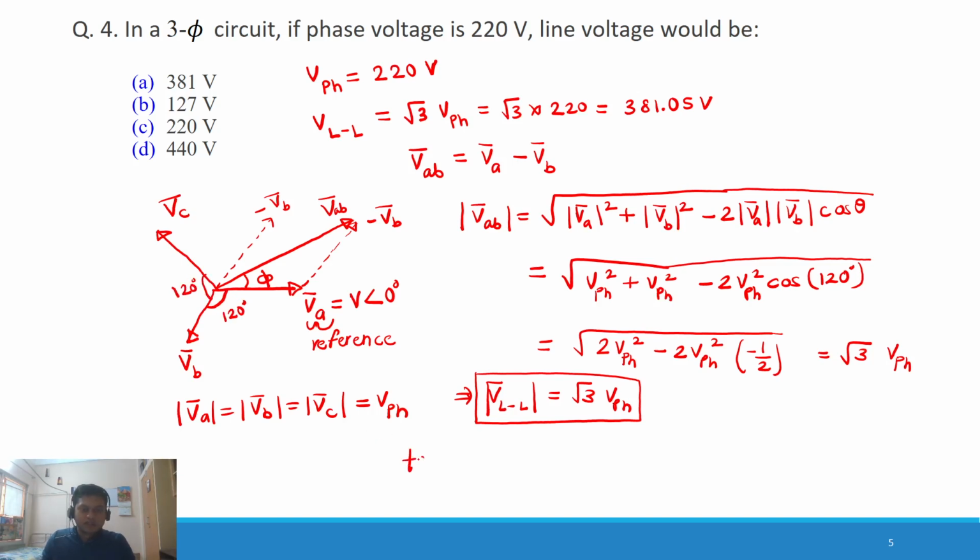So if we want to find this angle, then we can use the basic formula that will tell us tan phi equals VB sin theta, theta is 120 degree, divided by VA minus VB cos theta. If it is addition, then it will be plus, and similarly in finding out the magnitude form, it was taken as plus.